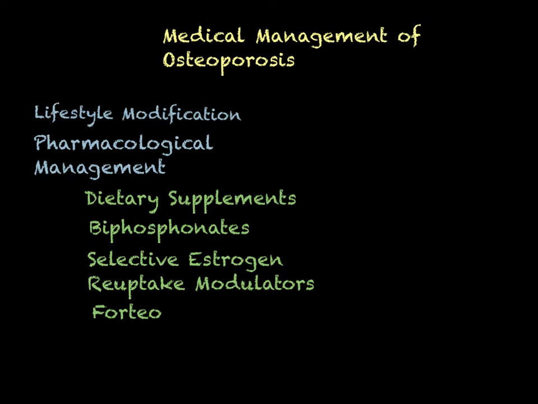Okay, so if you have a patient now who has been diagnosed with osteoporosis on the basis of T-scores, or whether there's been some sort of fracture, Colles fracture, a stress fracture, the first thing that you're going to want to do is institute the lifestyle modification that we talked about. It's very similar to what we talked about with our younger patients. We're trying to get them to build bone.